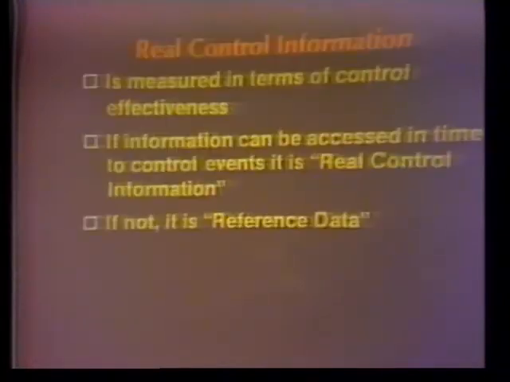I'd like to suggest that we need to look at another class of information which hasn't been serviced very much at all yet, and that is what I would call real control information. Let me give you some characteristics of this kind of information. It's really measured in terms of control effectiveness. In other words, if the information can be accessed in time to control events in the operation, then it is real control information, as I define it here. If not, it's reference data.